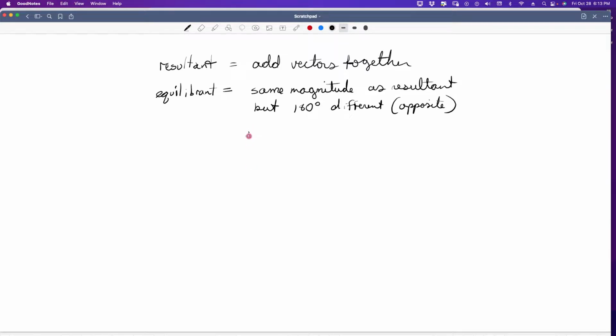So that means if we added two vectors together and we got a resultant that was here, the equilibrant would be here on the other side. So 180 degrees different either way. It's just the opposite location on the Cartesian coordinate system, right? So if this is the resultant, this would be the equilibrant. I'm not gonna spell that out because I'm not gonna do a very good job that small.